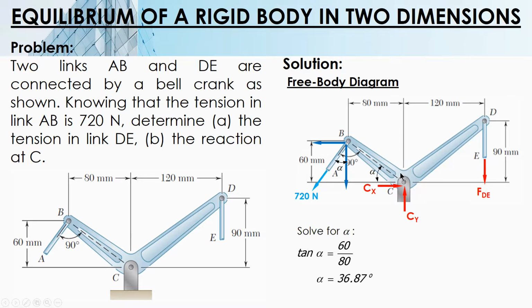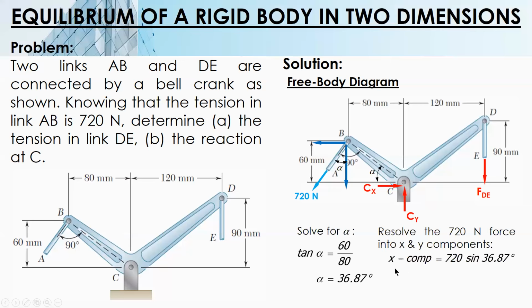Now, if you look at the diagram, the angle is referred from the vertical. Therefore, for the vertical, cosine. For the horizontal, sine. Since the vertical is adjacent, the horizontal is opposite. So resolve the 720 newton force into X and Y components. X component is 720 sine of alpha.